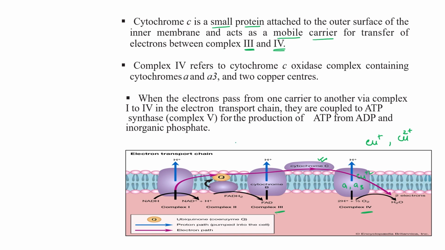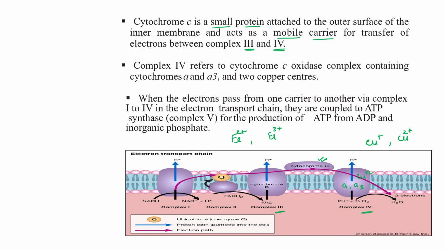Similarly, in complexes 1, 2 and 3, iron acts as the main center molecule, because iron can be present in +2 or +3 ionic form and act as a stable molecule.